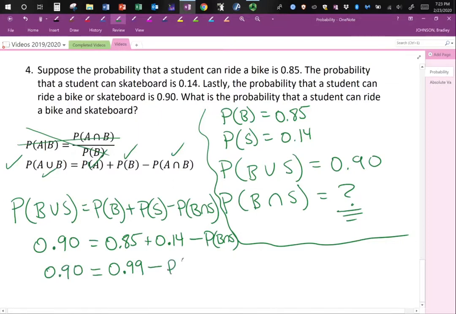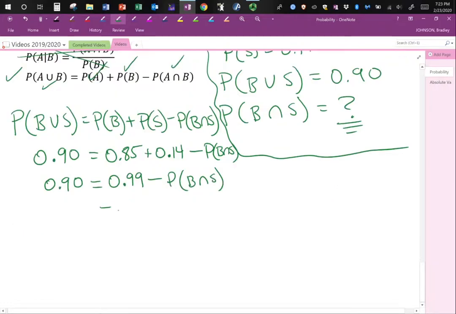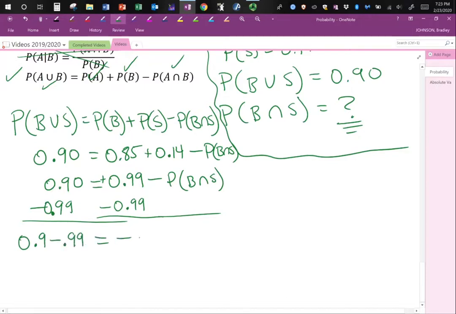And then don't forget, we have the subtraction piece. So I'm going to subtract 0.99 because right now it truly is addition. I'm going to subtract it. And whatever I do to one side, I have to do to the other side. And if we simplify, 0.9 minus 0.99 will give you some value, and we'll have negative probability of biking and skateboarding right there.